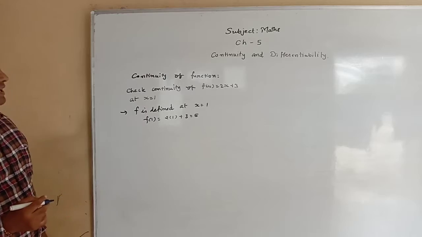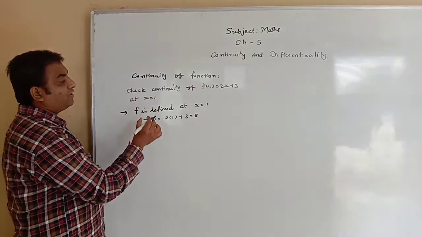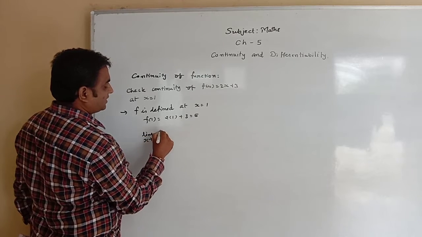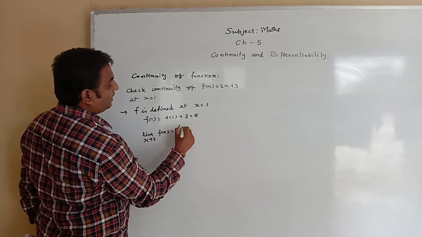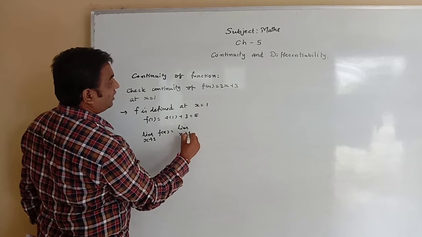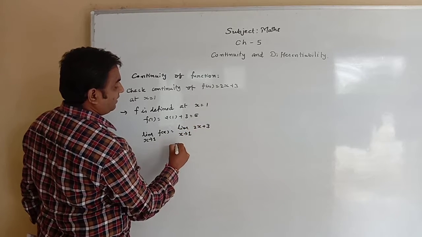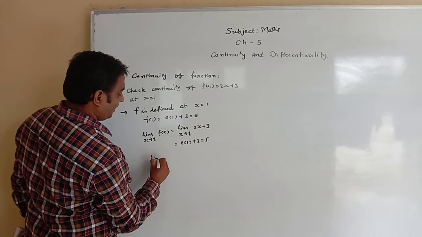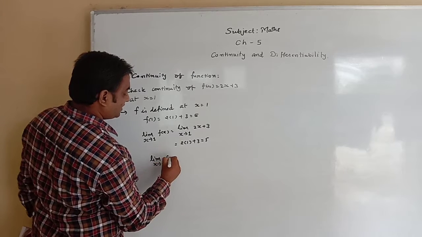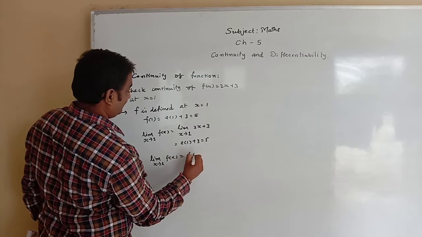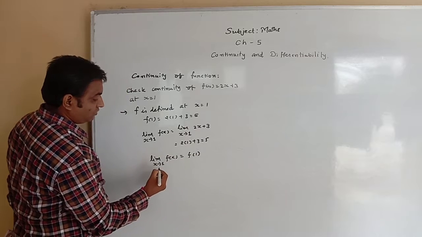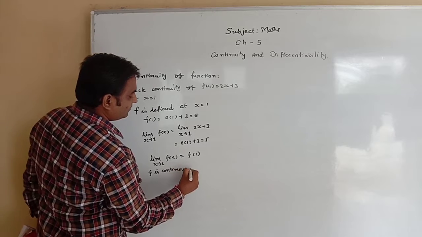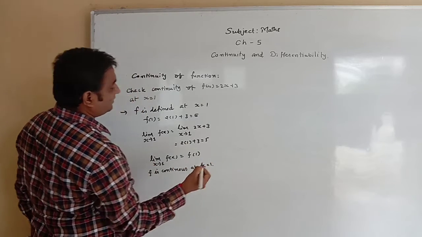Now find the limit at x equals 1: the limit as x tends to 1 of f(x) equals the limit of 2x plus 3, which is again 2 into 1 plus 3 equals 5. So the limit equals f(1), and so f is continuous at x equals 1.